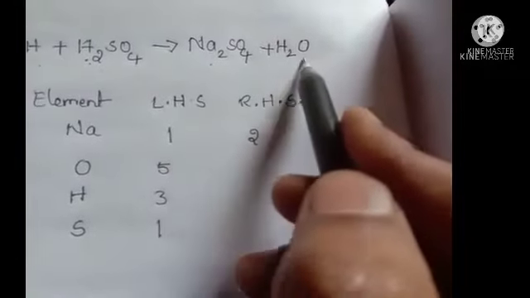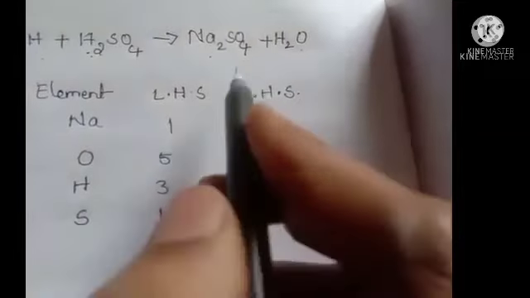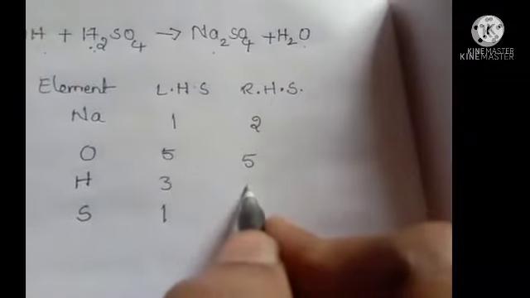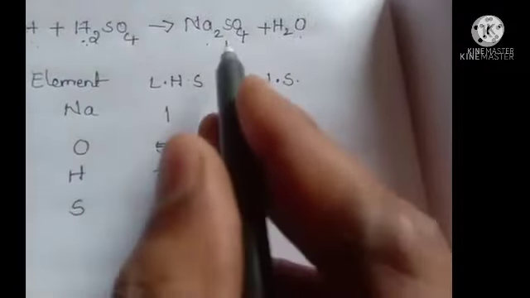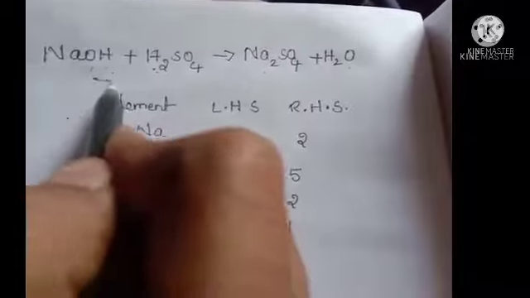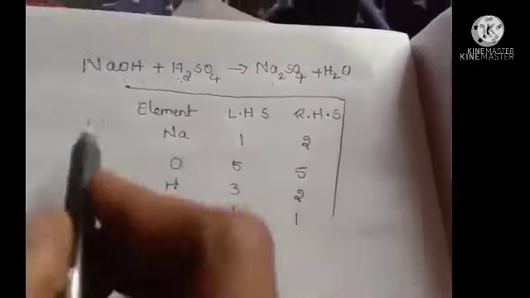Oxygen 4 plus 1, 5. Hydrogen 2. Sulfur, S, only 1. This is the table form of the balancing equation.